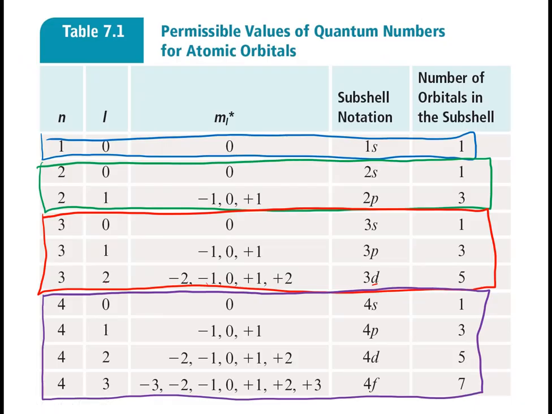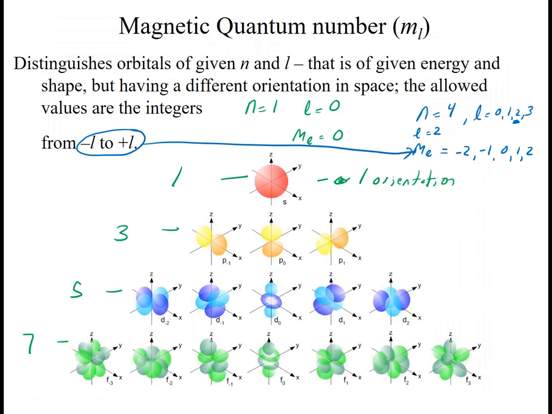So again, L can be 0, 1, 2. These are the same as these 1, 2, and 3s for the M sub L's. I added 3, and now there's 1, 2, 3, 4, 5, 6, 7 orientations in space. So again, that goes back to S only having 1 orientation in space, P having 3 orientations in space, D having 5 orientations in space, and the F's having 7 orientations in space.